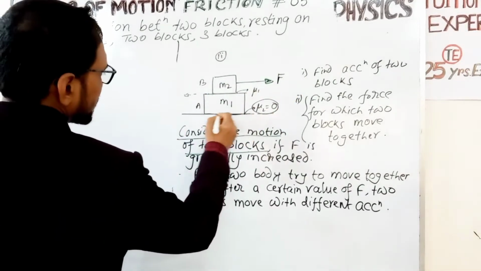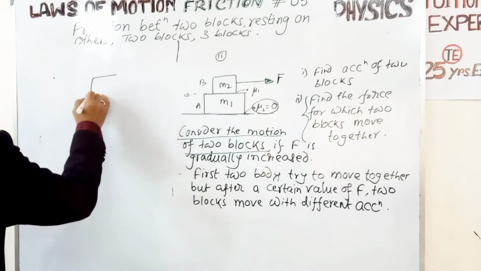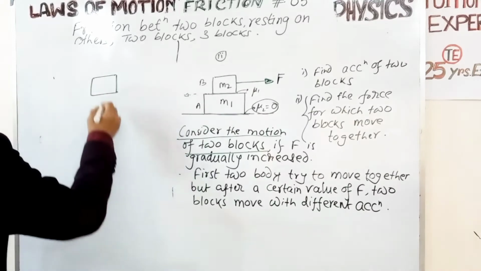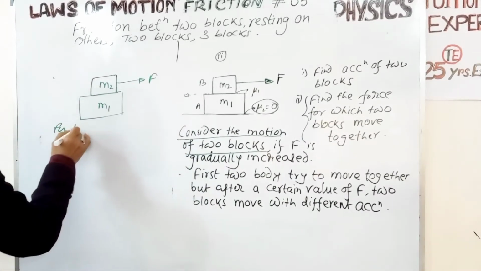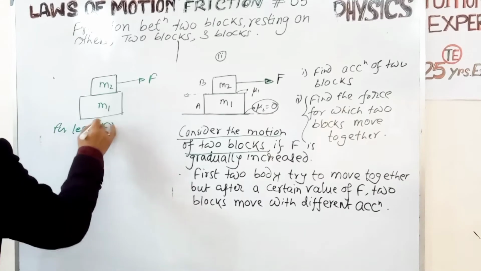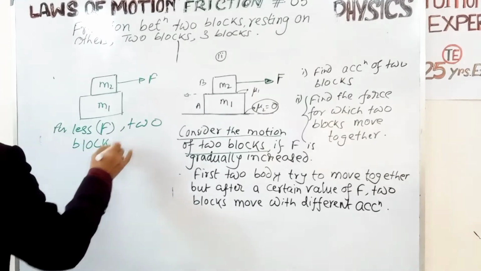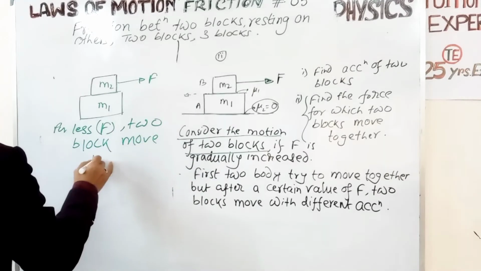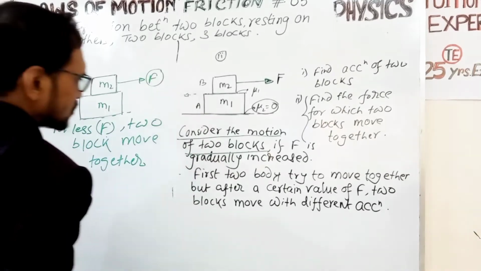Now if this surface is smooth, then for less force, the two blocks move together after a certain value.